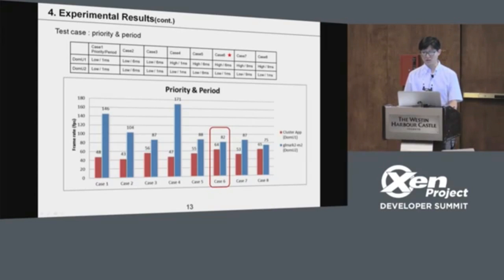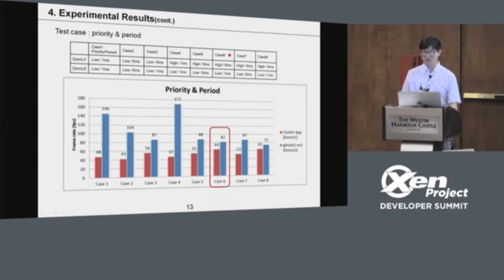Let's look at case 4. DOM-U is high priority with a 1 millisecond period. It shows that the result of DOM-2 is higher than case 1, unexpectedly. So it needs more investigation; I don't know why yet.